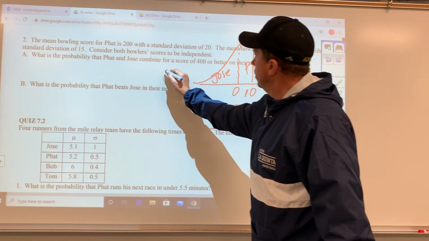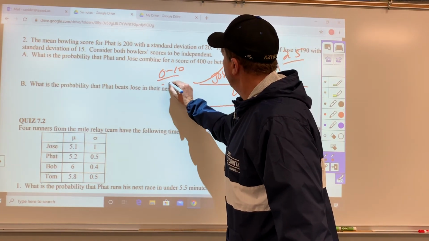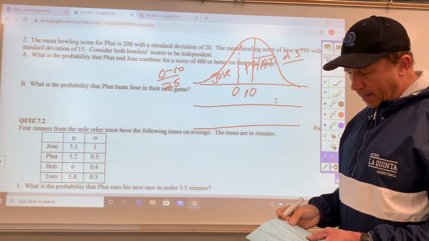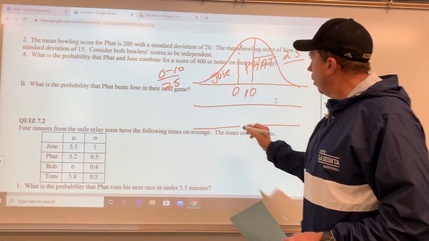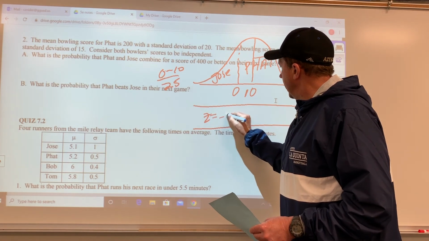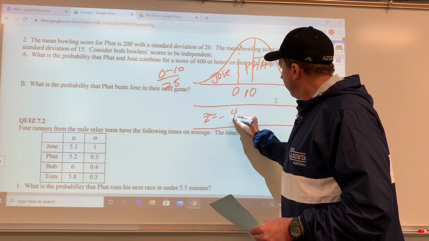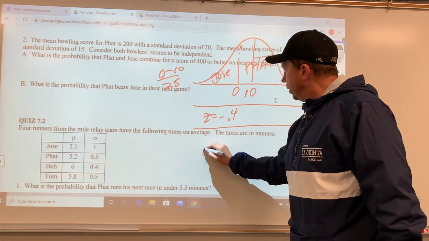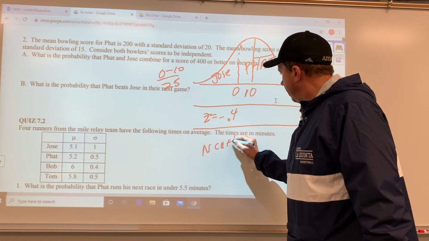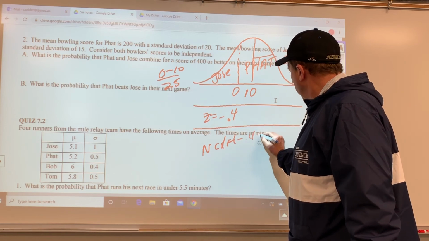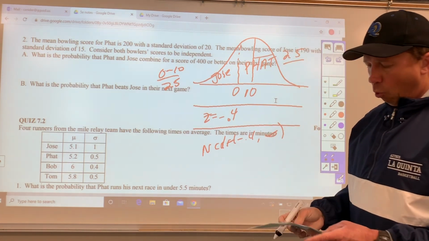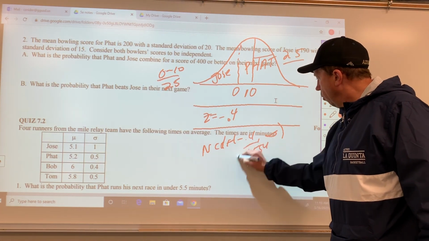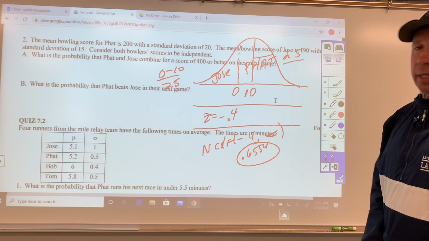So 0 minus 10 divided by 25 is negative 0.4. Then I figure out the area above that, NCDF negative 0.4 comma infinity, and it's going to be well over 50%. It's 0.6554. That's the chances of Fat beating Jose.